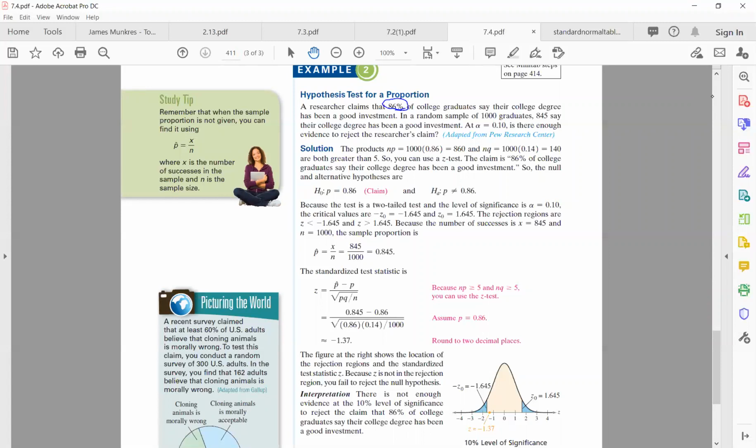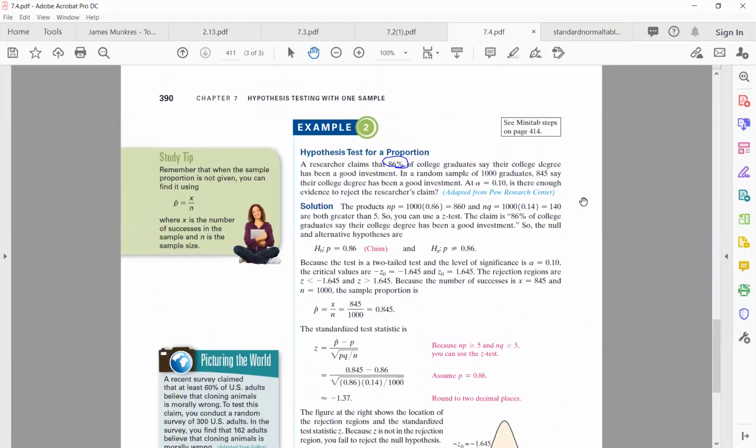So your null hypothesis is given: P is equal to 86%. This example has given you the null hypothesis. To form your alternative hypothesis, you just write the opposite of it. It means that you have a two-tailed graph.